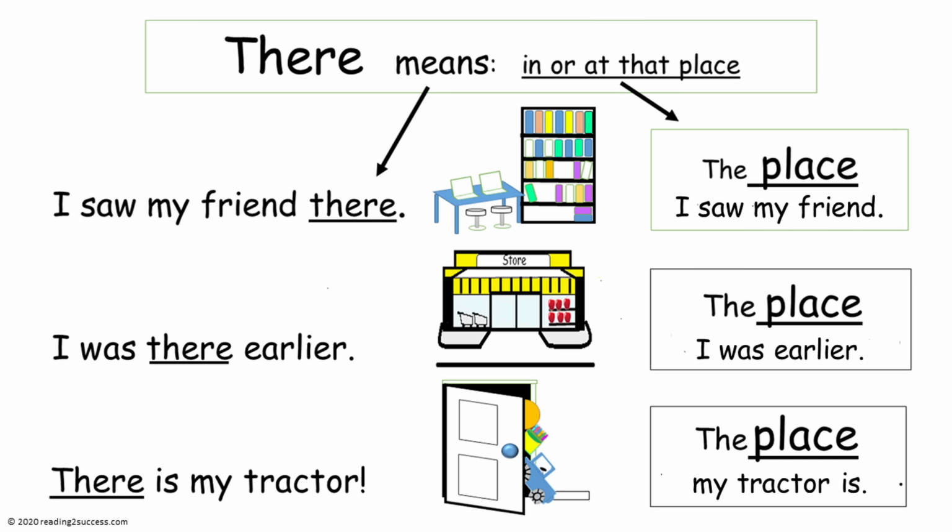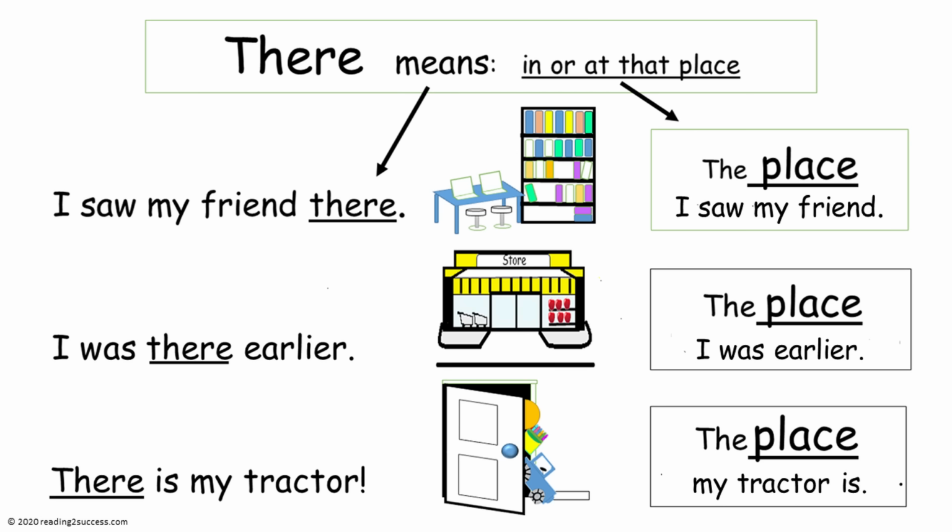Now let's look at some sentences that have the word there spelled T-H-E-R-E and means in or at that place. The first sentence is, I saw my friend there. There means the place I saw my friend, and it was at the library.